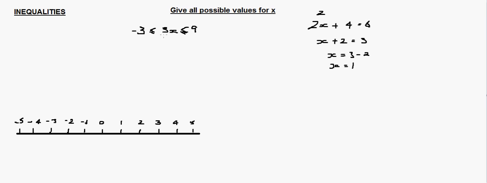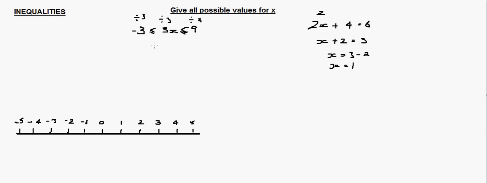And because we've got 3x here, we need to divide by 3 here, we need to divide by 3 here, and we need to divide by 3 here. So we go right the way through because the coefficient of x is 3.